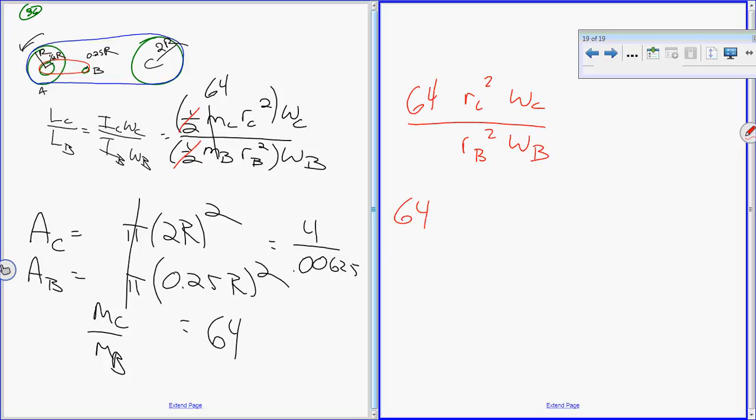So this is 64 times, let's see, the radius of C is 2r squared. And then this is 0.25 r squared. Does that give me 64 again? Yeah.